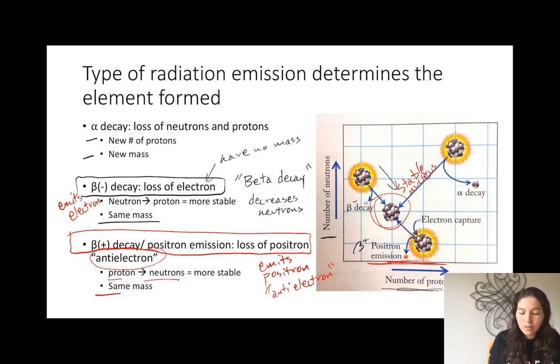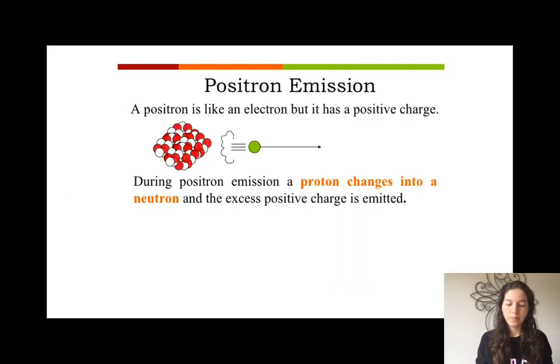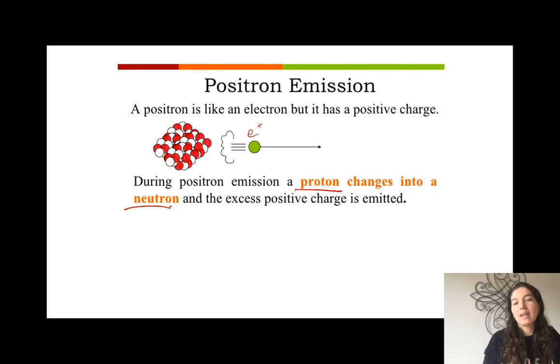Do note when this nuclear decay process happens, we have the same mass. It's just like the beta decay where we're seeing that a particle from the nucleus is changed into a different particle from the nucleus, but overall the mass of the thing doesn't change. So during positron emission, this is our E+, we're seeing a proton change into a neutron, and it does this by emitting excessive positive charge, i.e. a positron.